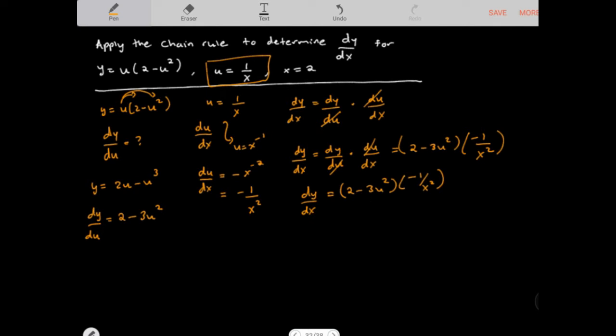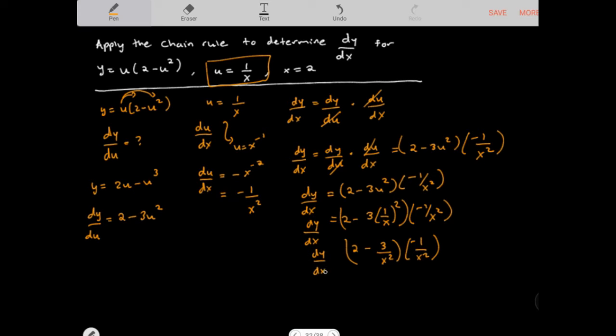So you're going to substitute that for u, right? So you're going to get 2 minus 3 times (1 over x) squared, times negative 1 over x squared. Okay, and when you simplify this guy out, you get 2 minus 3 over x squared times negative 1 over x squared, right?